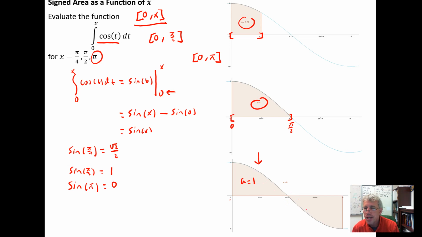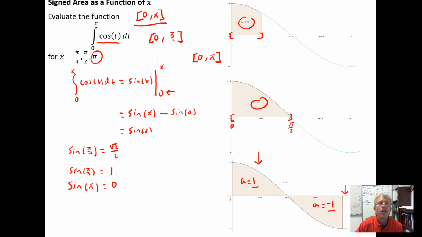And because we have a signed area, and because the cosine function is below the input axis right here, this area is actually evaluating to -1. You can see by symmetry that these areas are the same size, but the area underneath the x-axis will be negative. So we're getting an area of 1 plus a signed area of -1, adding up to a net area of 0.